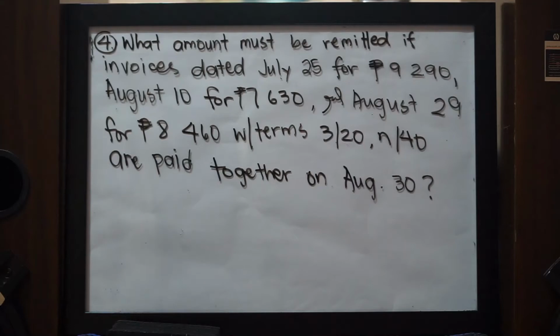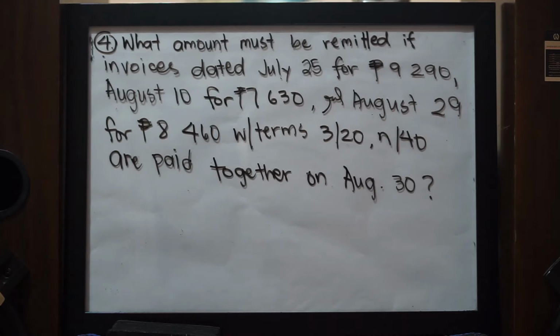For problem number 4, what amount must be remitted if invoices dated July 25 for 9,290 pesos, August 10 for 7,630 pesos, and August 29 for 8,460 pesos with terms 3/20, N/40 are paid together on August 30.